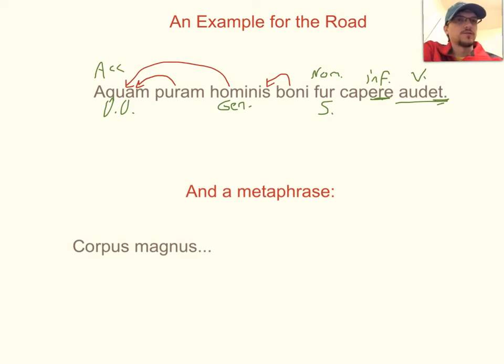And we say that fur is the subject, so we start with that. We say the thief. And then we have to go to our verb after that. Capere audet, dares to take.